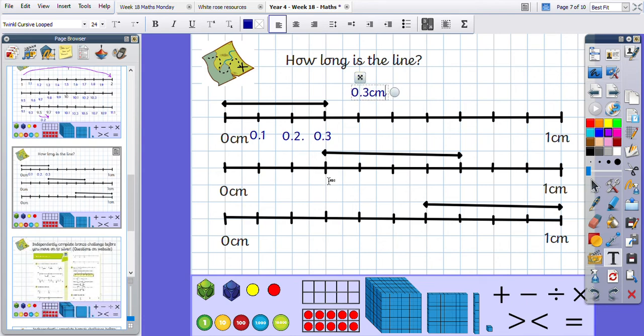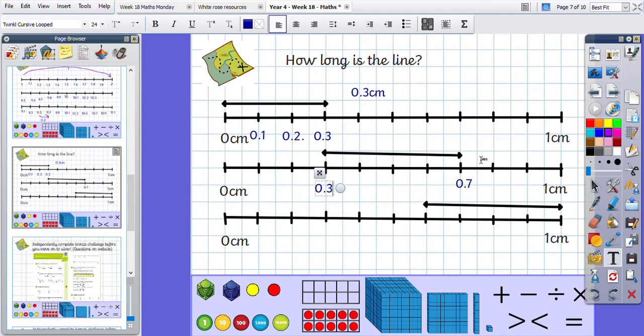Now these are a little bit tricky because they don't start at 0. So you can have a little go at those ones now independently. Okay, so this second one ends at 0.7 and starts at 0.3.